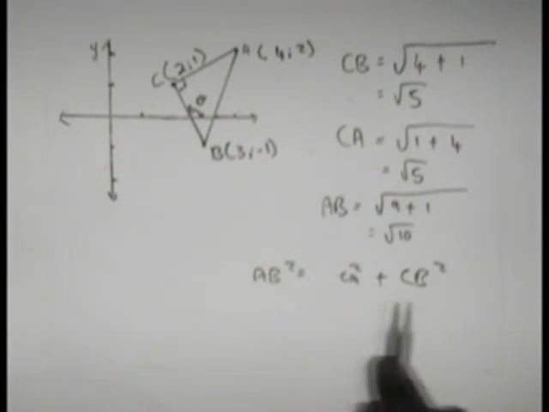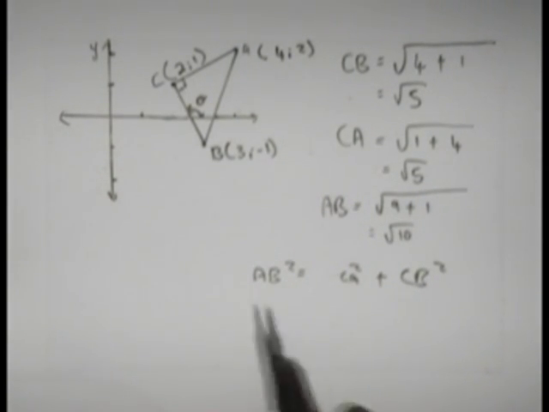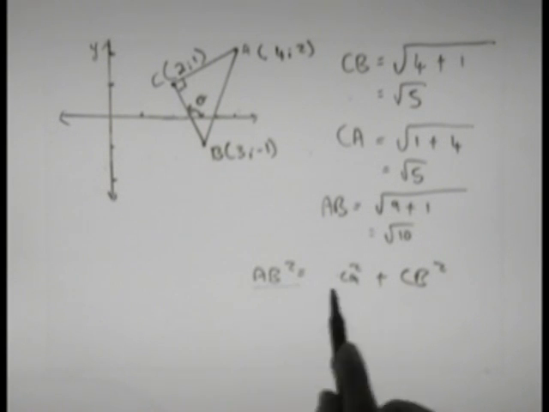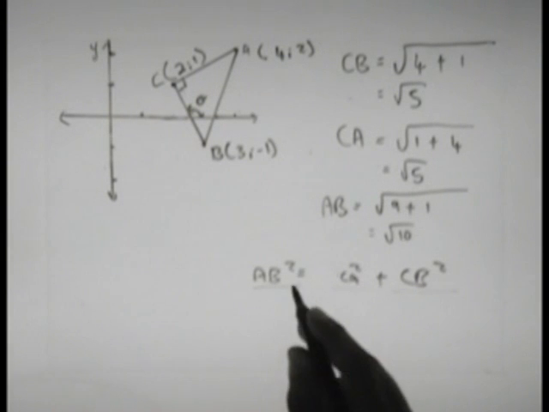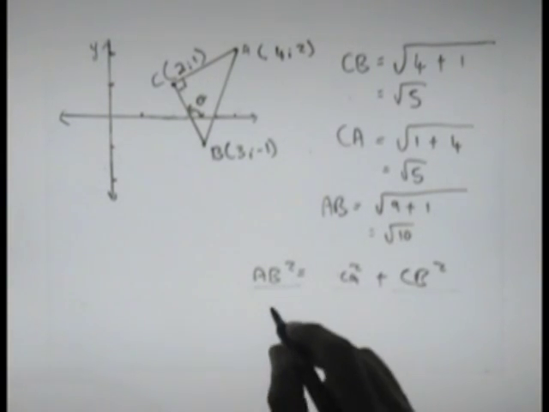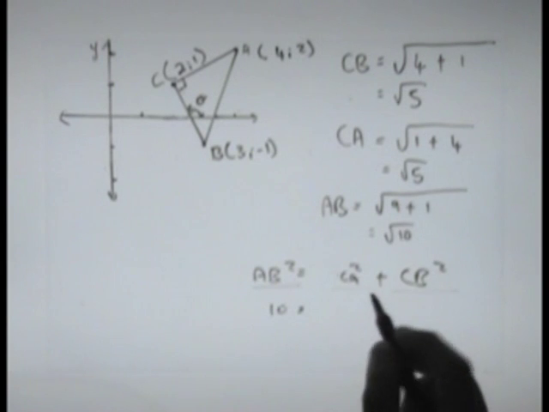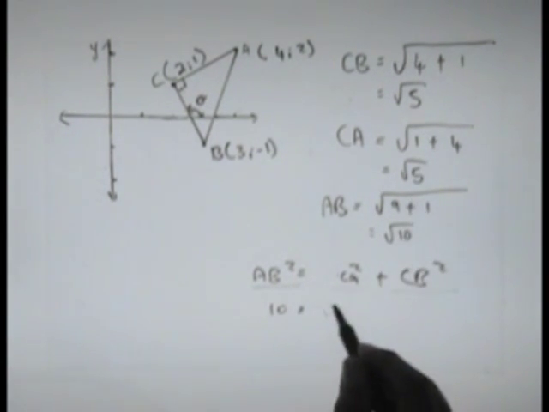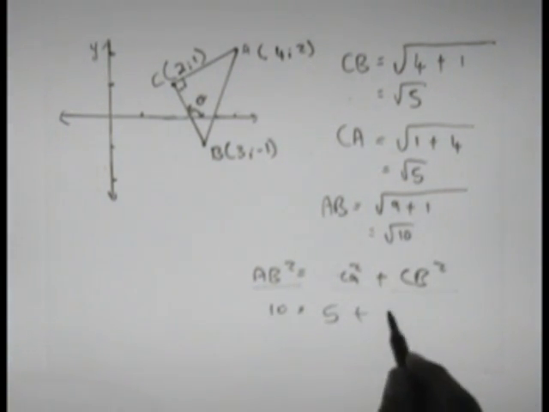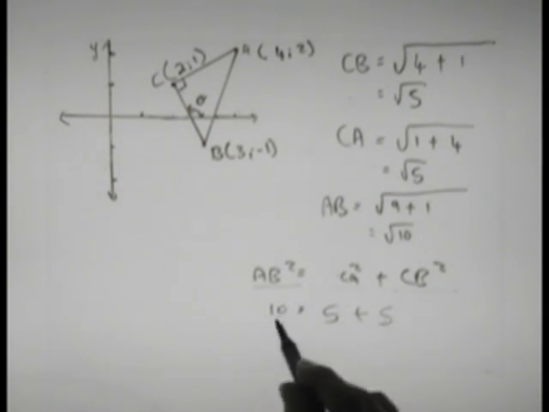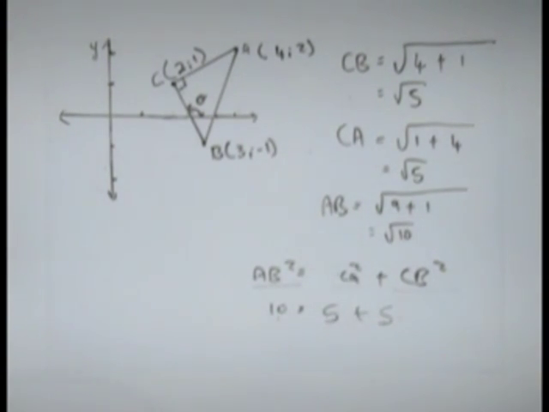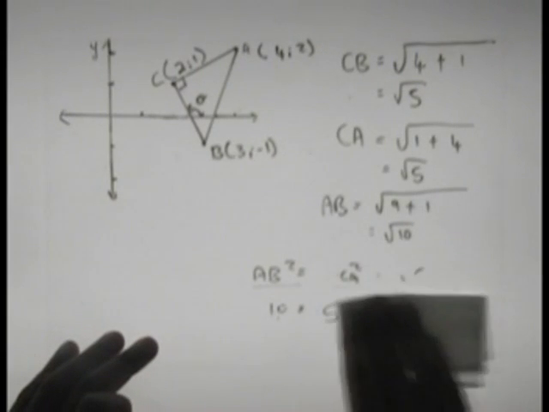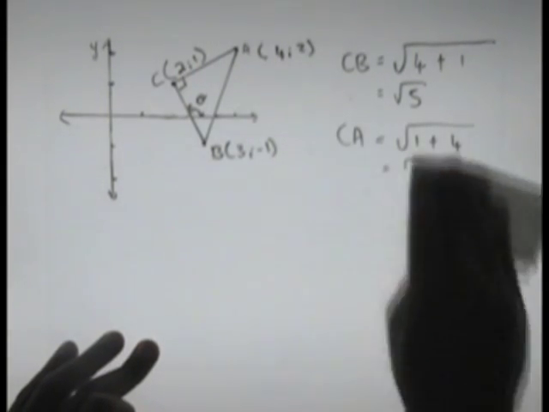The reason for that is that in a right angled triangle, the hypotenuse squared is equal to side A squared plus side B squared. AB squared, root 10 squared, is equal to positive 10. CA squared is equal to 5, plus CB squared is equal to 5. 5 plus 5 is equal to 10, which means that this holds true, that ABC is in fact a right angled triangle.